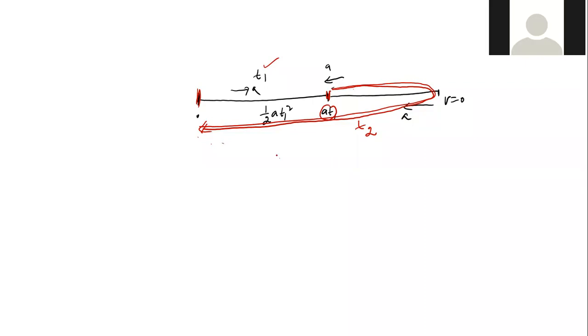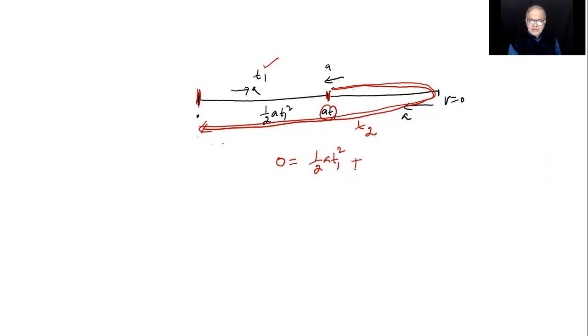Look, 0 equals half a t1 square plus a t1 t2. It's a minus sign, though, it changes this thing. In the beginning, it is minus. So this is S0 if I want. This is ut minus half a t2 square, this I'm writing.